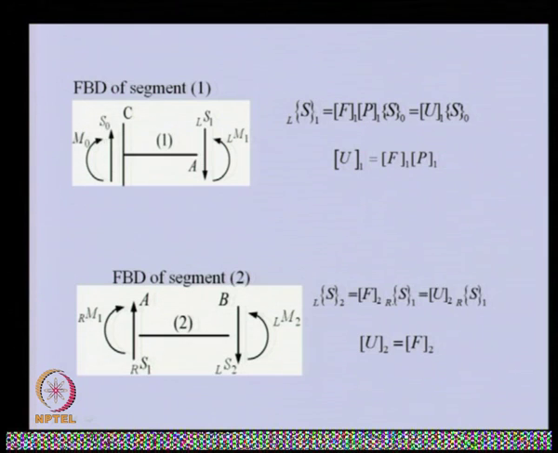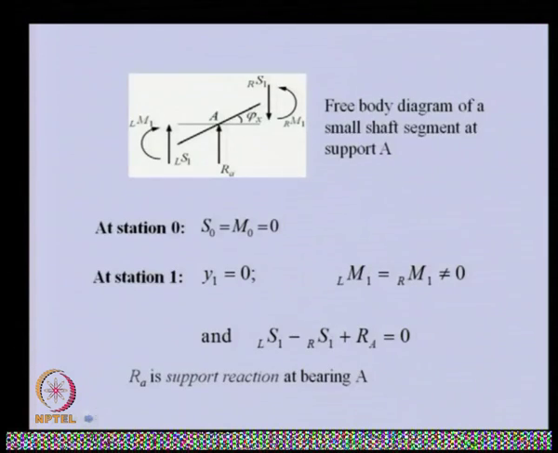Now let us see the free body diagram of the support. The free body diagram of the support is this one, which we drew earlier. Now you can see the boundary conditions: apart from the support, what are the boundary conditions we have in the overall system?